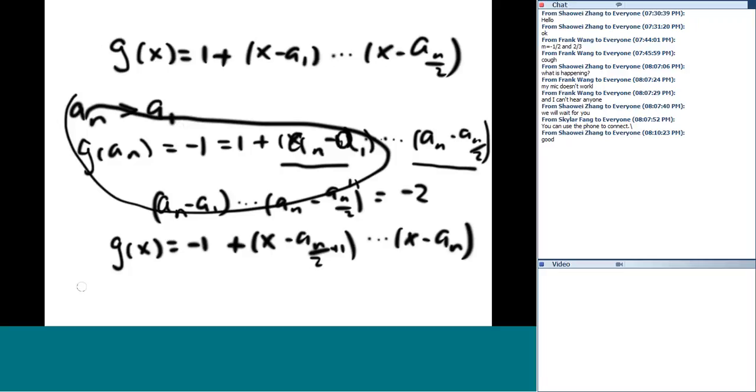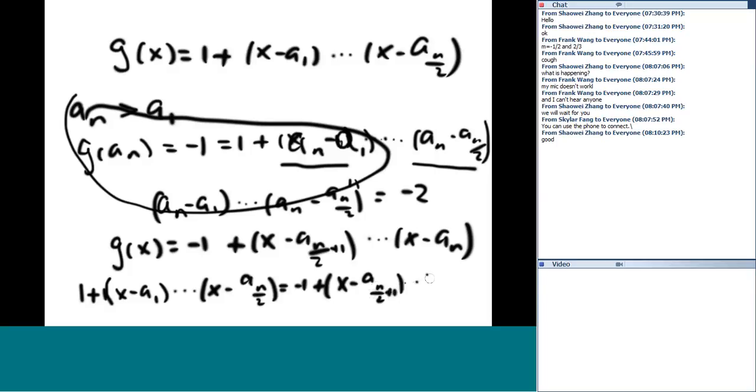Say if 1 plus x minus a_1 up to x minus a_(n/2) equals minus 1 plus x minus a_(n/2+1) to x minus a_n. If that thing holds, then let's take maybe the wrong thing.